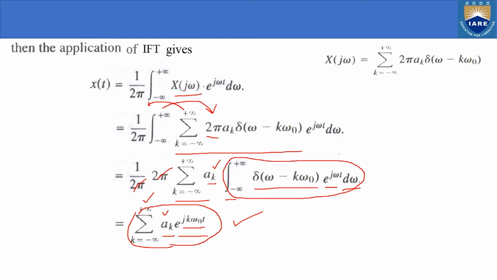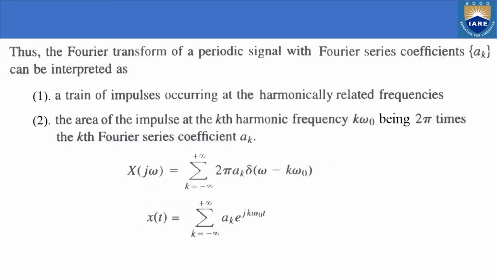So I started with the Fourier transform. Now I have got the Fourier series. So thus the Fourier transform of a periodic signal with Fourier series coefficients ak can be interpreted as a train of impulses occurring at harmonically related frequencies, and the kth harmonic frequency has an amplitude equal to 2 pi times ak.